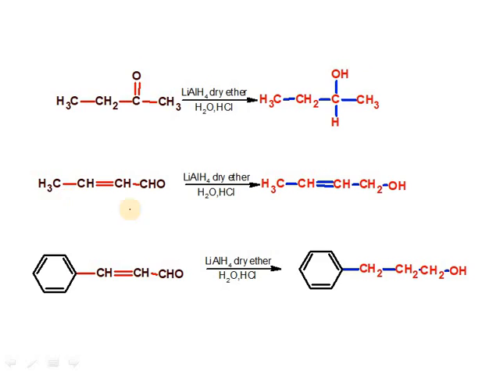Similarly, one more very important thing about lithium aluminum hydride: it selectively reduces only polar functional groups such as carbonyl, cyanide, nitro. It does not reduce non-polar functional groups like carbon-carbon double bond, carbon-carbon triple bond, or benzene.